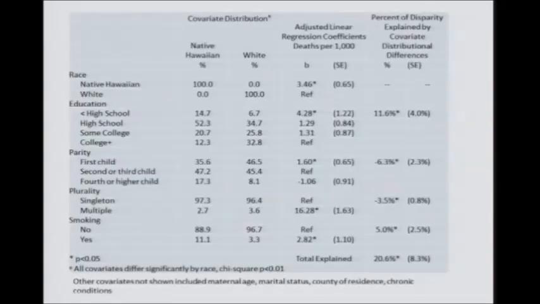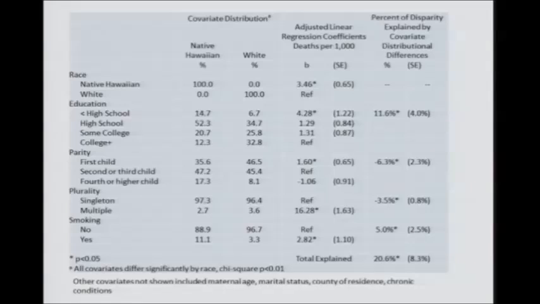So this is a table showing the Oaxaca decomposition. It does require that you have absolute differences. So I used a linear probability model that I'll talk about more tomorrow, but it really is just ordinary least squares regression. And 3.46 there is the residual disparity that was left unexplained.